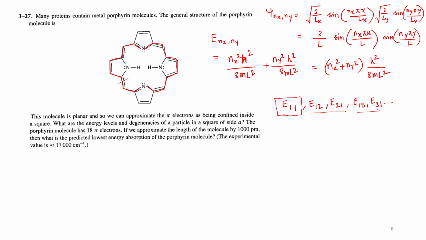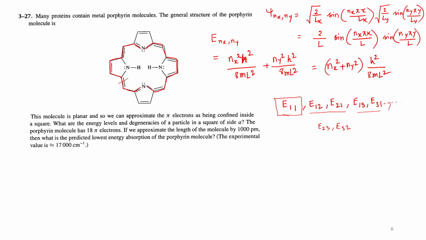E13 and E31 also have the same energy, because it is 1 square plus 3 square, or for 31, 3 square plus 1 square. Similarly, E23 and E32 will have the same energy.